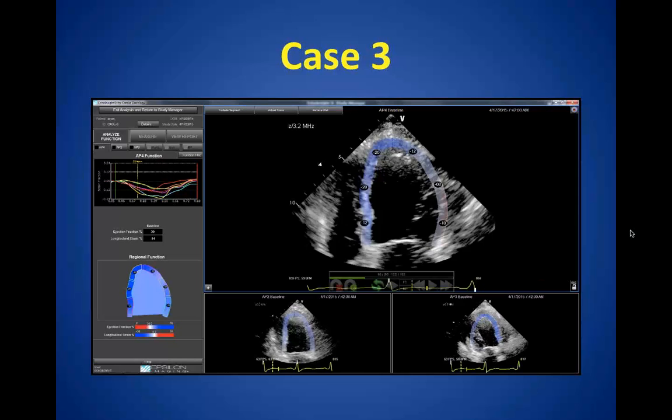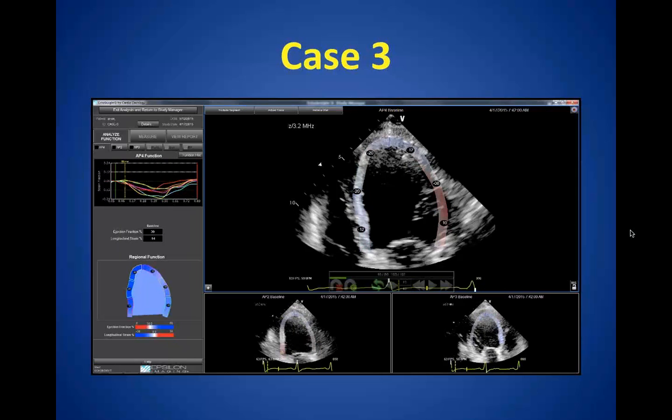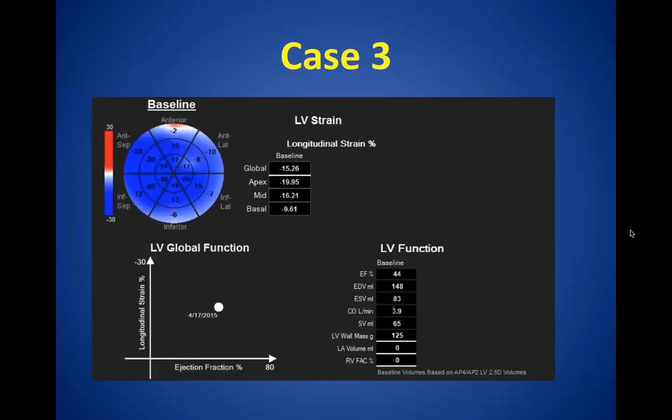So there is definitely a regional wall motion abnormality here on this patient, and we see it again on the bullseye plot where the anterolateral and the infralateral strain segments are reduced in comparison to the septum and the rest of the heart.